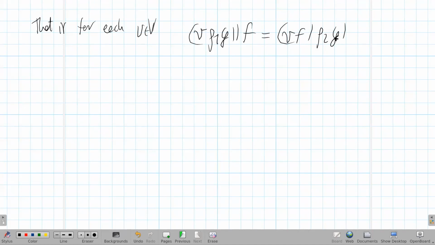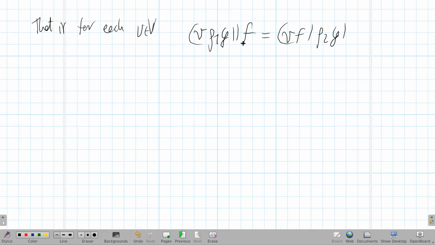It's the standard fact that happens when you consider those F primes, those maps obtained by averaging over the group G.